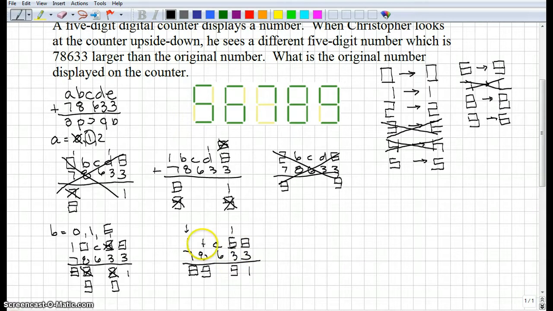But we have a problem here because 1 upside down does not look like 9. Okay, so that one doesn't work. All right, so this is the case that works. So far, what we have is that A is 1 and B is 0. Okay? So, all right, let's write that up. Let's write that out. 1, 0, C.